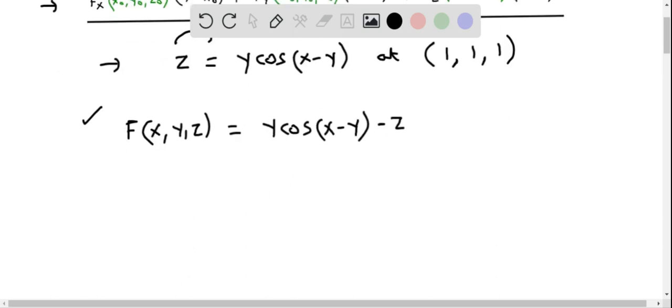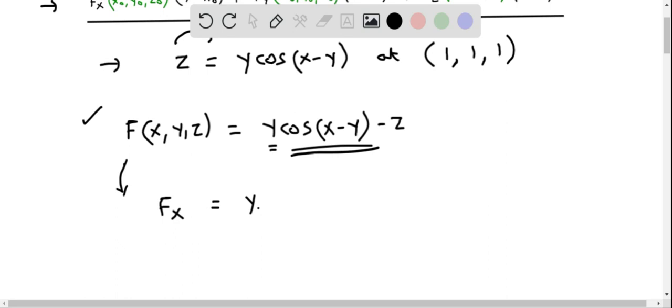Let's first find the partial derivative of this function with respect to x, which is written as f_x. When we differentiate partially with respect to x, we have to treat y and z as constants. Here y is a constant, so I put y as a constant and differentiate the cosine function partially with respect to x.